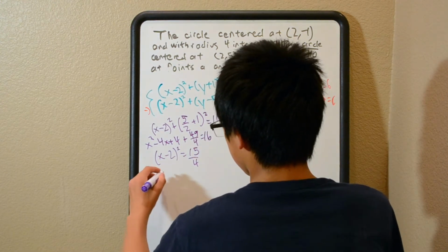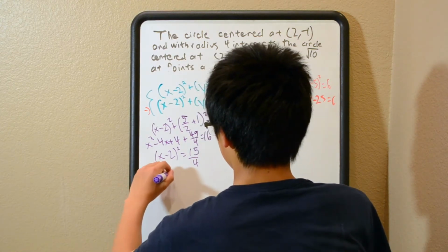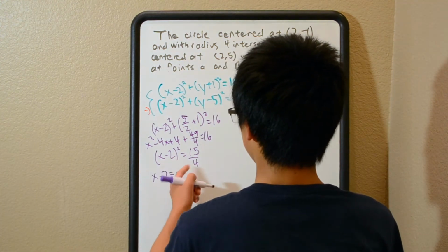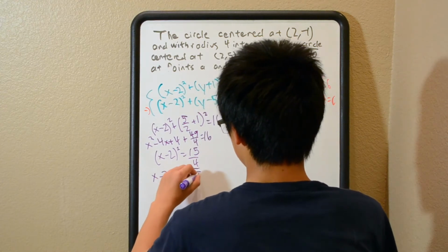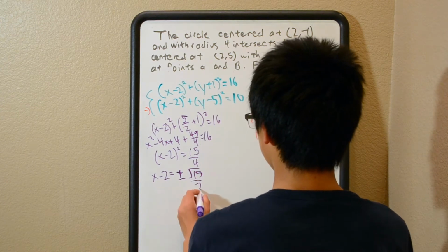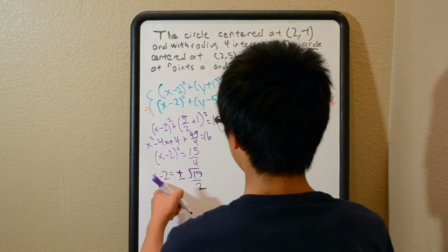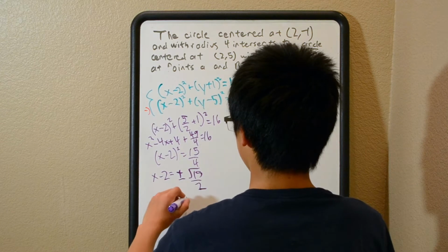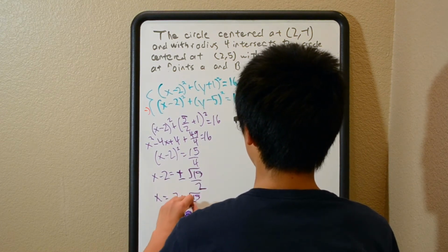And so we find that x - 2 is equal to, by square rooting both sides, √15 over 2, because the square root of 4 is 2, and the square root of 15 is √15. Now we just need to add 2 to both sides to isolate the variable, and we get that x is equal to 2 ± √15/2.